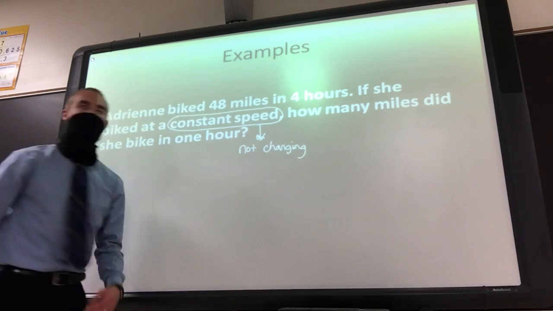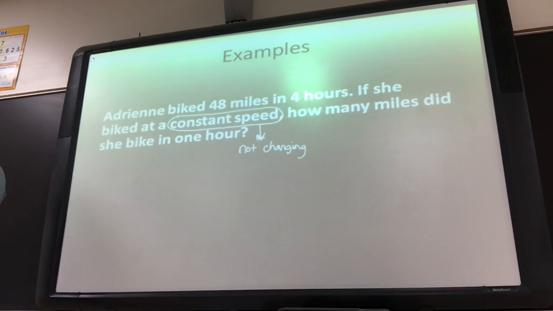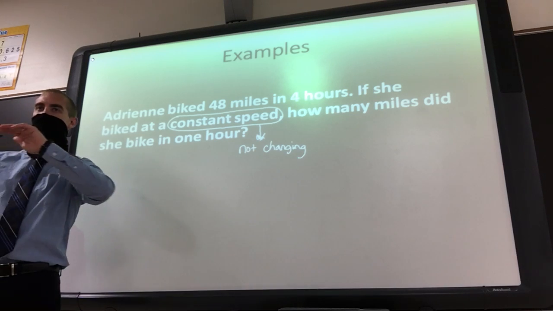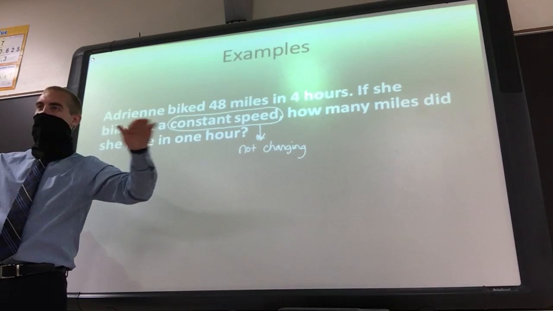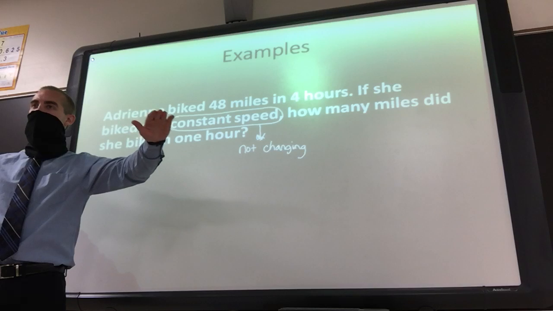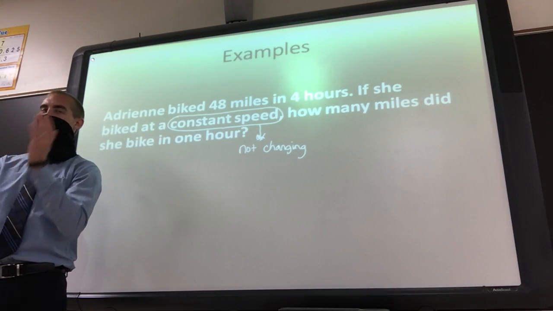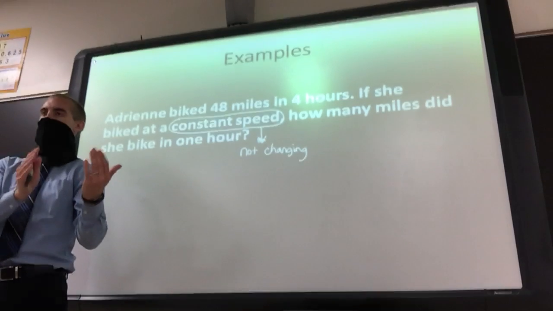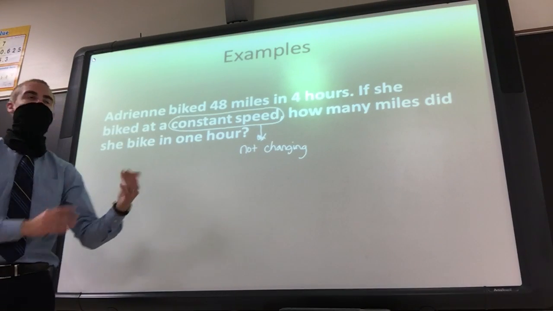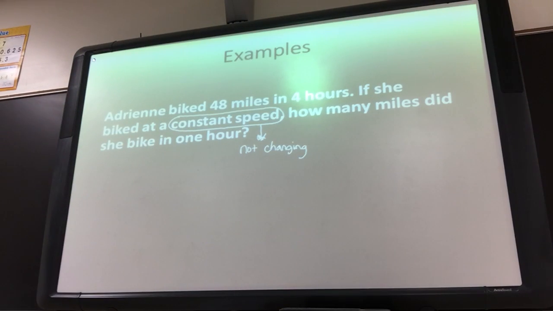So if it's constant something, constant in math means it stays the same. So being a constant like a straight line. It's always going to stay the same. That means she bikes in the first hour the same speed, the second hour the same speed, the third hour the same speed, the fourth hour the same speed. So that's what constant means in math.